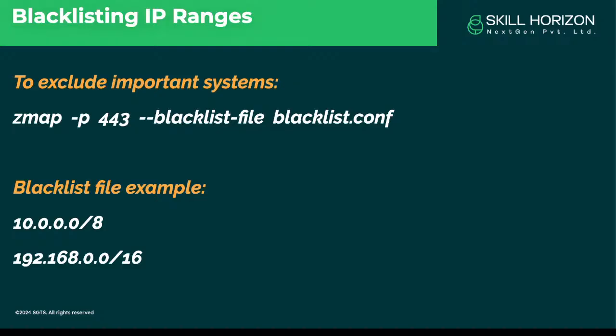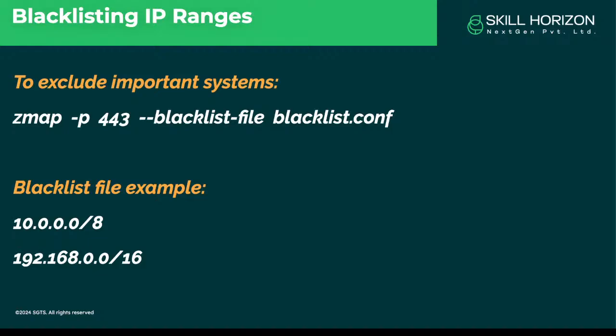And when you provide the file path, the targets stored in this configuration file will be blacklisted. You will not be able to scan those blacklisted targets, just like the default blocklist configuration file contains some of the private IP addresses, so I'm not able to scan those systems, right? Those targets, those ranges, those CIDRs or subnets.